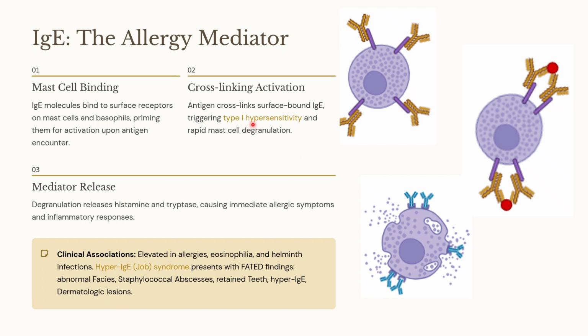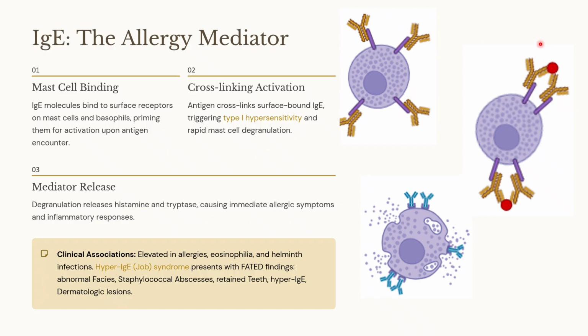Let's see the other antibody, that is the IgE. In the picture, this is the IgE antibody. The IgE antibody molecules bind to surface receptors on the mast cells. This is a mast cell. Antigen cross-links the surface-bound IgE.